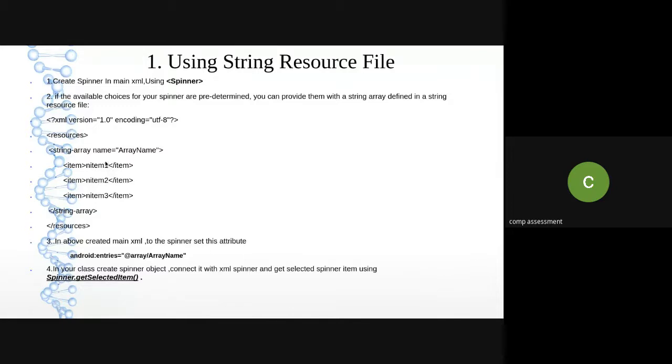So for each value, you have to explicitly write an item XML tag. I want to add three values, so I have written the item tag three times. Depending on your values, you have to add those values in that array by using the item XML tag. And this is the end of the string-array, which indicates that these three values are there with my array.